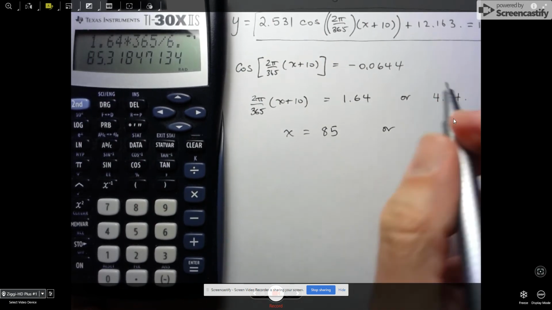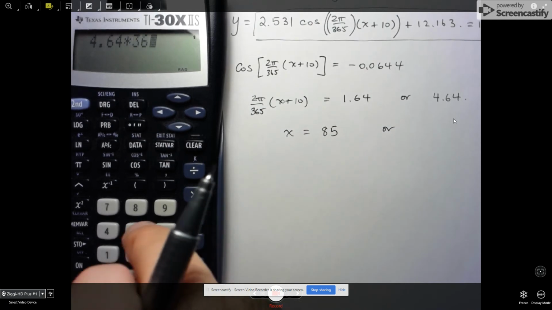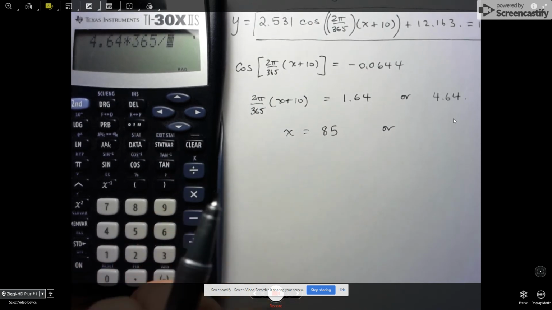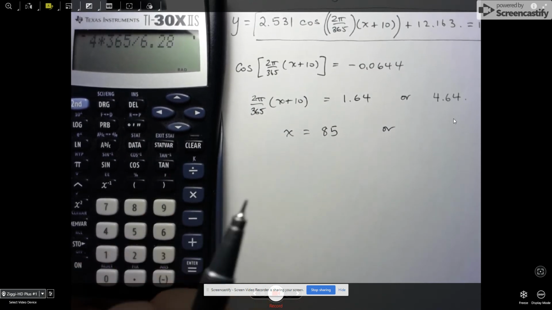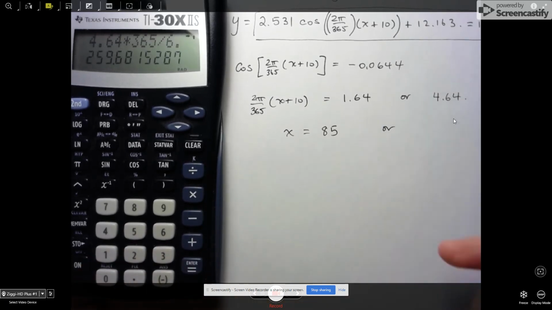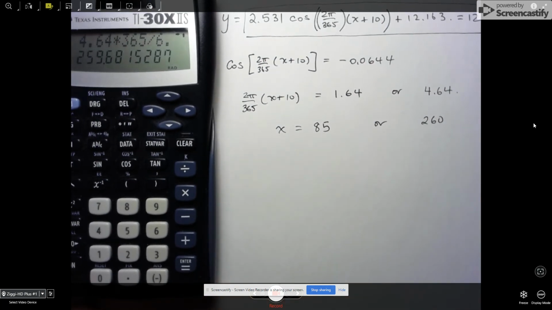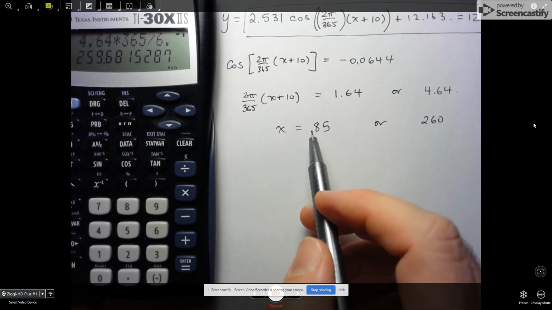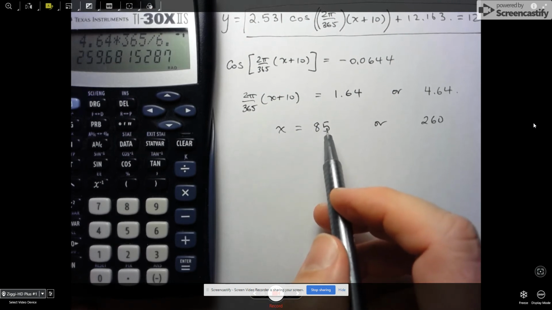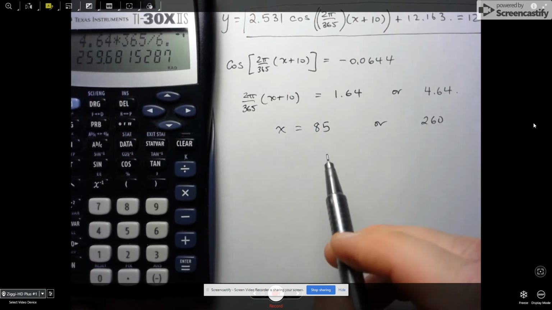And now we'll do the same thing here, 4.64 times 365 divided by 6.28 minus 10, and here we have 260. So it's going to have 12 hours of daylight on the 85th day of 2018, and on the 260th day of 2018 again.